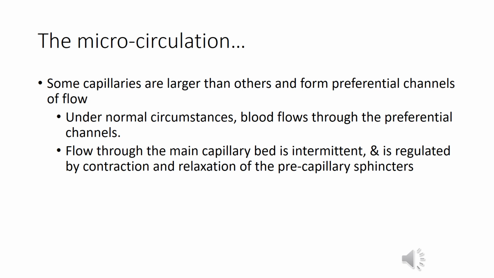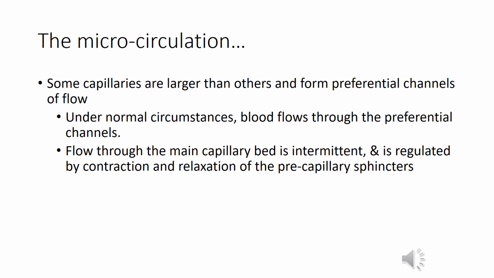And if the demand is higher still, then even the smaller capillaries will open up and start bringing in blood. That is usually following a physiologic demand, maybe if an individual is exercising or running, or anything that causes increased demand of oxygen supply or nutrients.